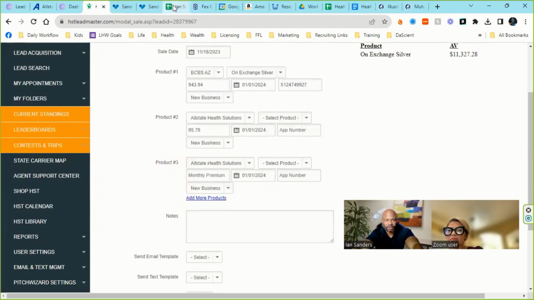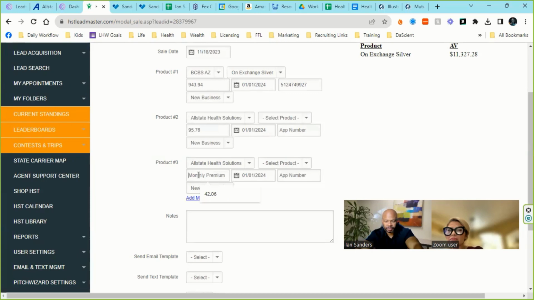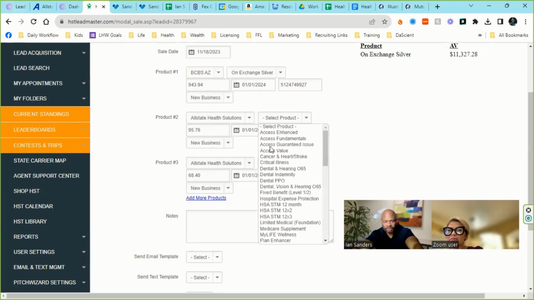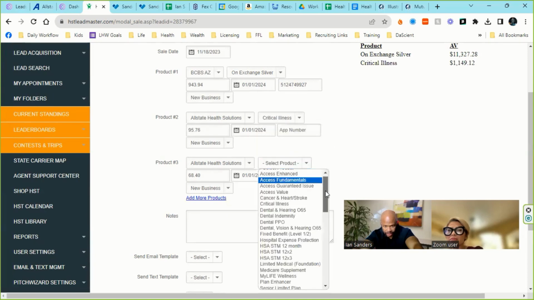And then the other one was, I already forgot what it was. $68.40. Okay. And this one was the critical illness. And this one was the plan enhancer.